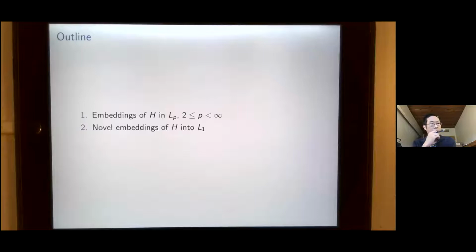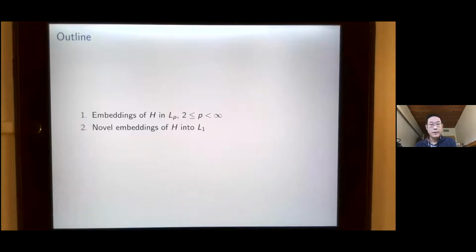But for our purposes, we'll just take Lp of the interval or Lp of the real line. It doesn't matter too much because these are finite metric spaces, so any embedding lies in some finite dimensional subspace. Okay.